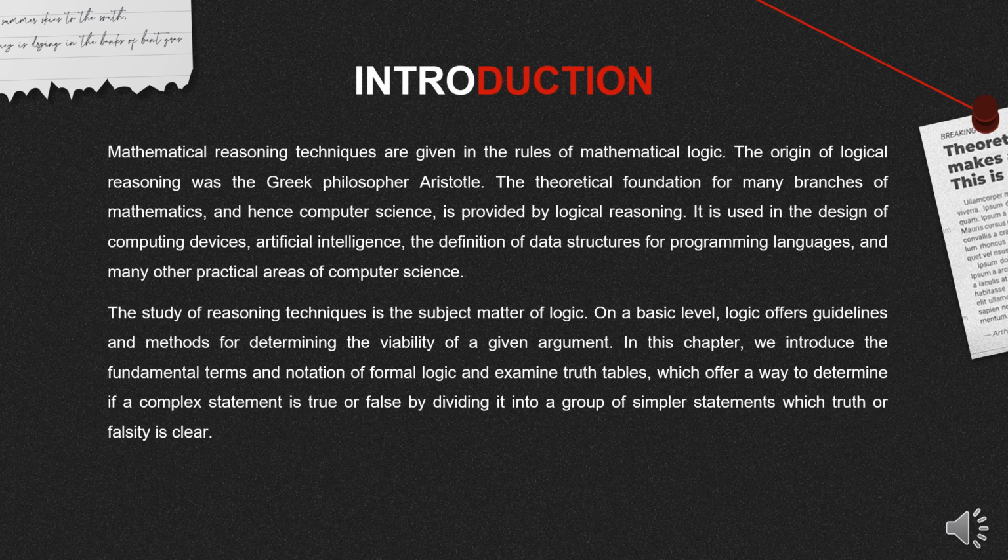On a basic level, logic offers guidelines and methods for determining the viability of a given argument, and in this chapter we introduce the fundamental terms and notation of formal logic and examine truth tables, which offer a way to determine if a complex statement is true or false by dividing it into a group of simpler statements whose truth or falsity is clear.